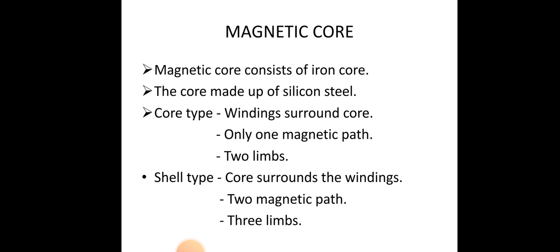So already I discussed that according to the core construction, it is again classified into two types, core type and shell type. Core type means windings around the core. It has only one magnetic path and two limbs. For shell type transformer, the core surrounds the winding. It has two magnetic paths and three limbs.